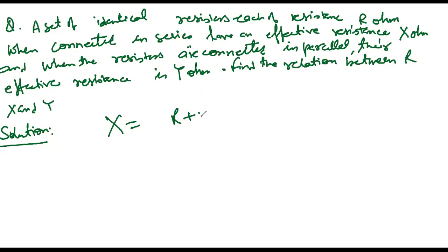Yes, a set of identical resistors, each of resistance R ohm, when connected in series, have an effective resistance X ohm. And when the resistors are connected in parallel, their effective resistance is Y ohm. Find the relation between R, X, and Y.